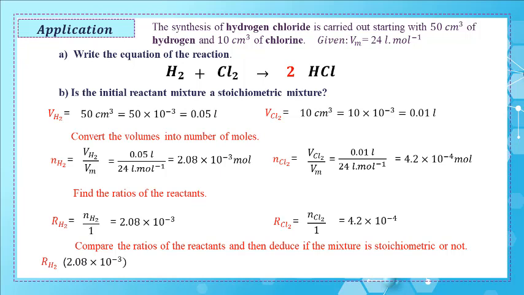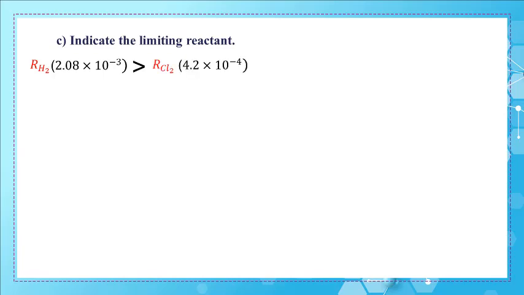Ratio of H2 is greater than the ratio of Cl2. Thus, this mixture is a non-stoichiometric mixture. Indicate the limiting reactant. Ratio of H2 is greater than the ratio of Cl2. Thus, Cl2 is the limiting reactant.